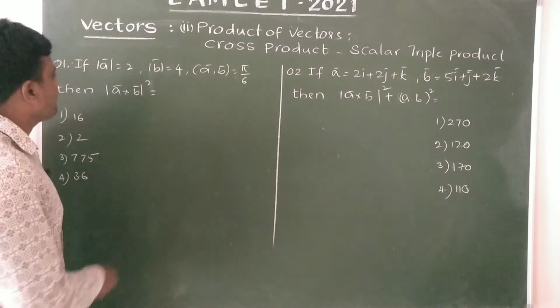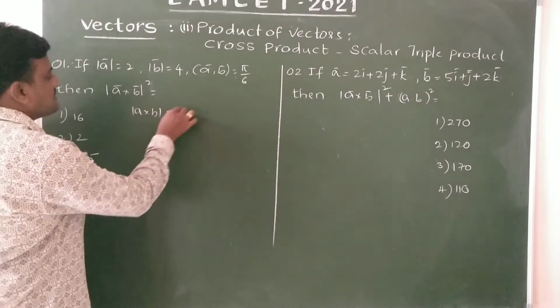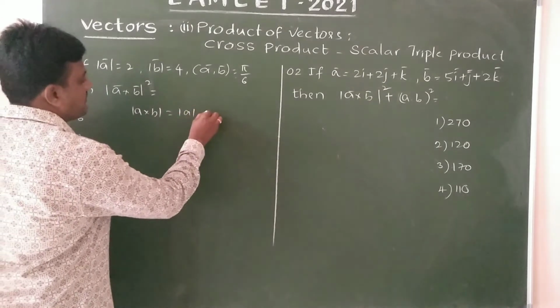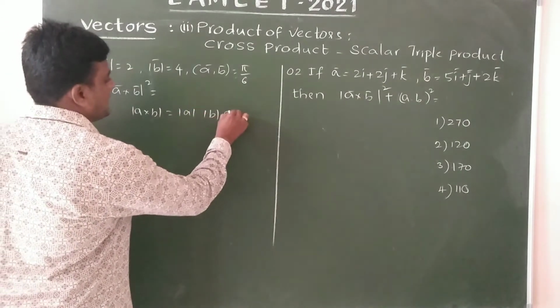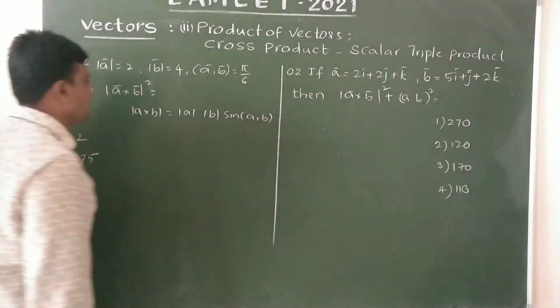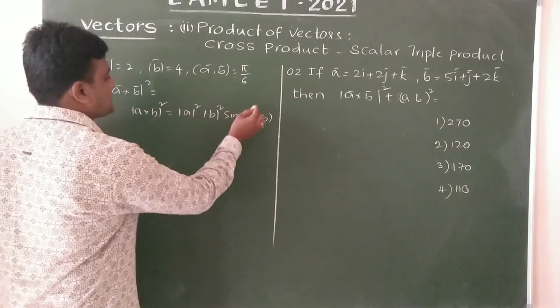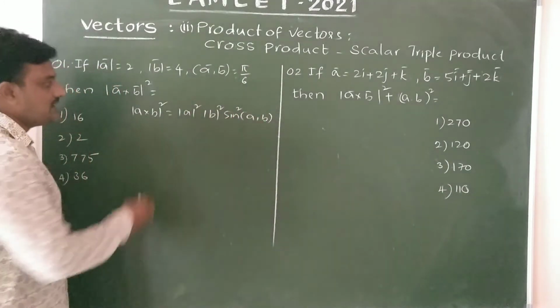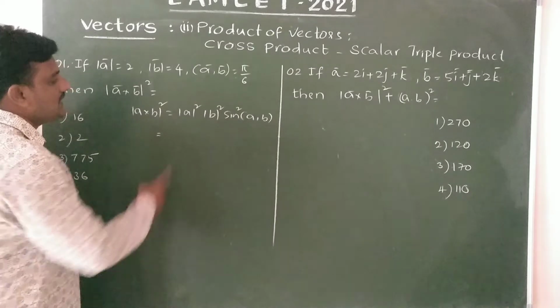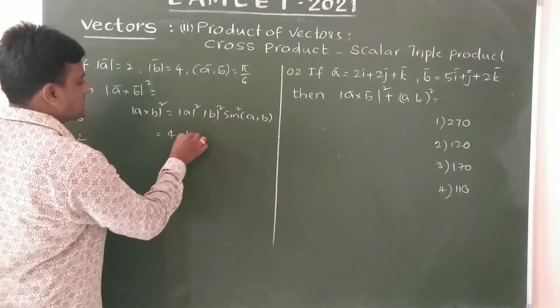Actually, A × B equals |A||B| sin(A,B). Here we have a square, so we square it. |A|² is 4² and |B|² is 16.